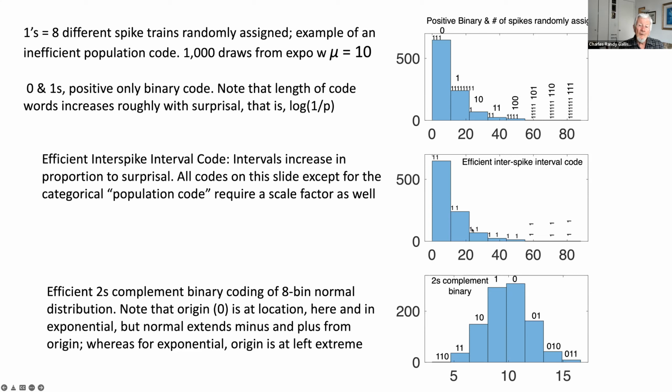And the more intervals that the receiving end can discriminate, the more efficient the code becomes, because the number of discriminable intervals determines how many different messages can be transmitted by one pair of spikes. So to reiterate, just replace the 1 with one inter-spike interval and the 0 with a different one, and then use those for the code, and that would be how you could do an efficient inter-spike interval code.